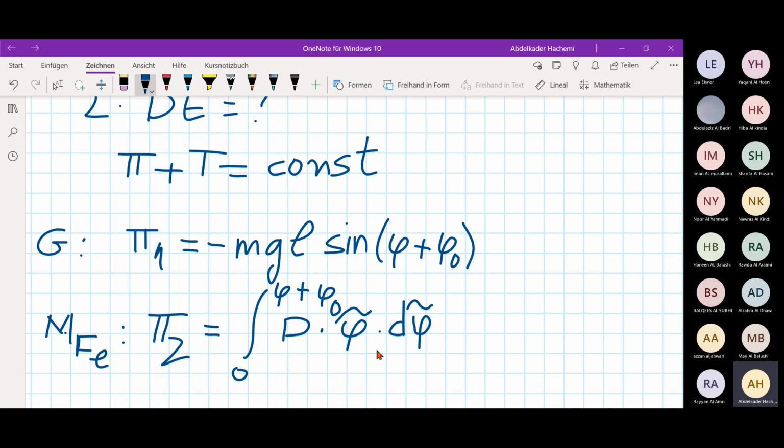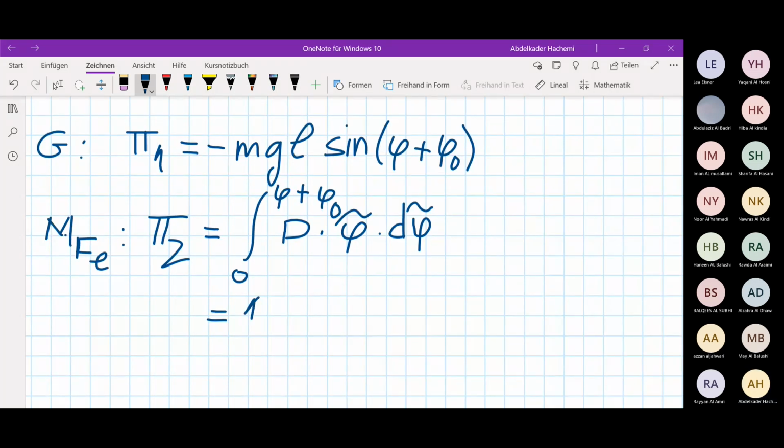Then we have the half, and instead of C, we have D, and instead of delta S or X, we have here phi plus phi 0 square.